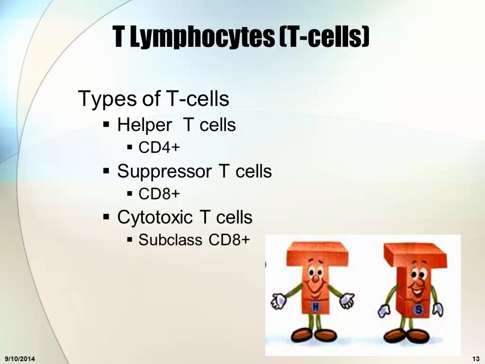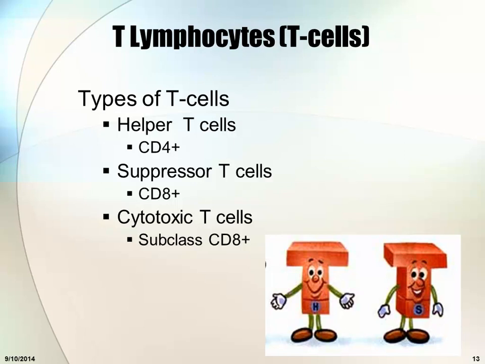CD8s slow down the response once the antigen has been destroyed, and they also prevent you from moving on to an autoimmune disease. Your cytotoxins, which are a subclass of the CD8s, really like to go more after parasitic infections such as protozoa, but they also go after viruses, and they're more specific than your natural killer cells. So they're working on the side too.